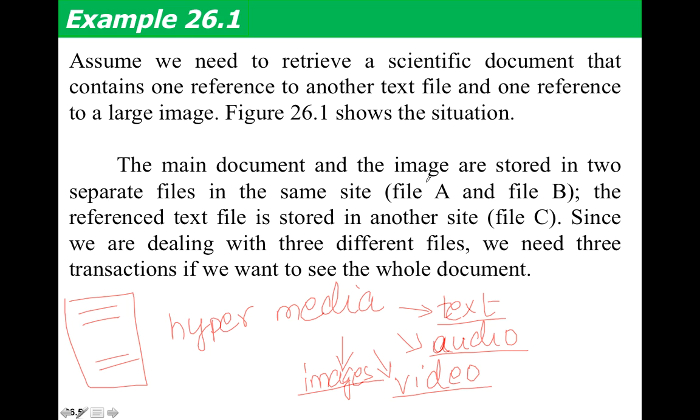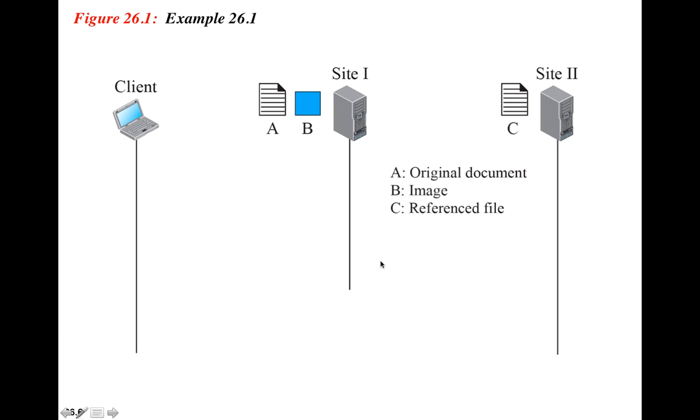The main scientific document, which is file A, and the image, which is file B, are both stored on the same site. And the other text file is stored in another site, file C. So we are dealing with three different files, and we need to see how we can access those documents.